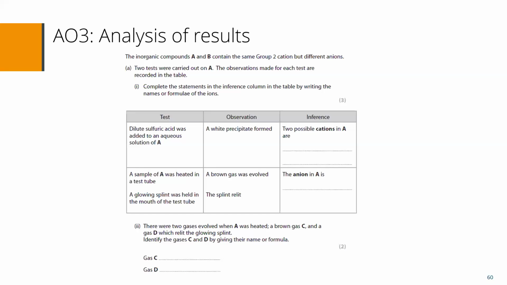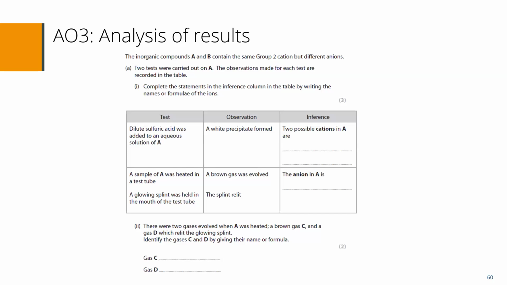There's an example of analysis of results. This is a question that we'll be looking at in a moment, so I'm not going to dwell on it too much. We're going to do something very similar, but not exactly the same. They're told that a white precipitate formed on adding dilute sulfuric acid, and asked what two possible cations could be present.